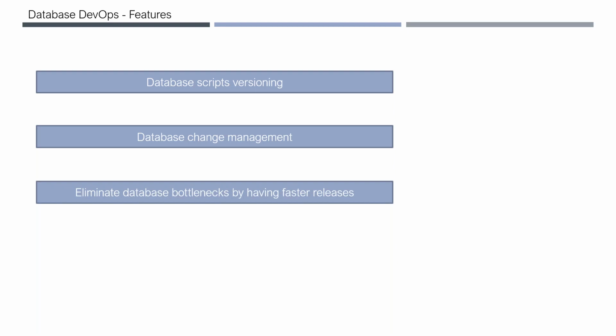And what else? The whole idea of DevOps is faster releases, right? Though our applications are being deployed to the environments very quickly, because of the database dependency, we are not moving that fast.